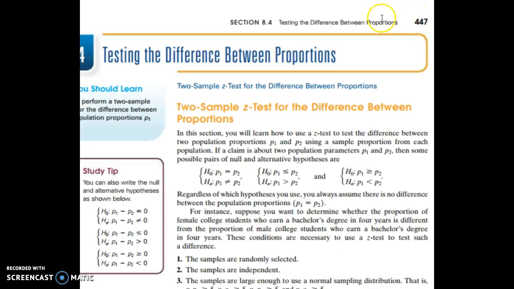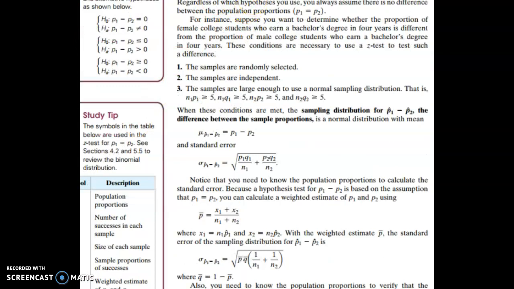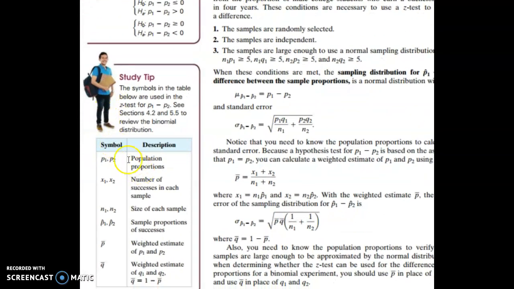You can read more about testing the difference between proportions here and see that we'll be using the normal distribution, the z-test. And also on this page, there are some good explanations of all the different symbols we'll see in our calculations and what they stand for.